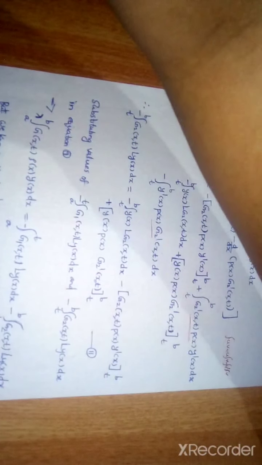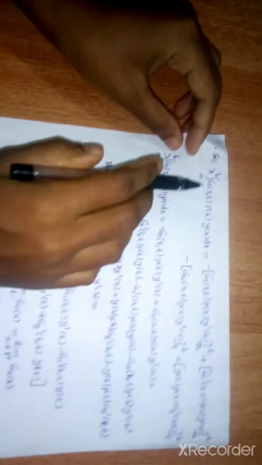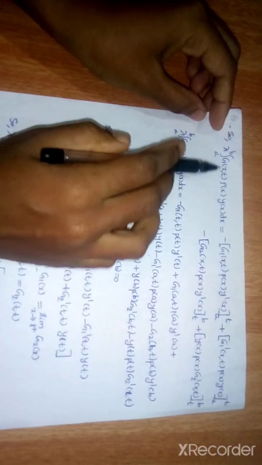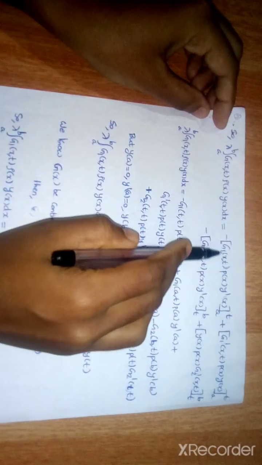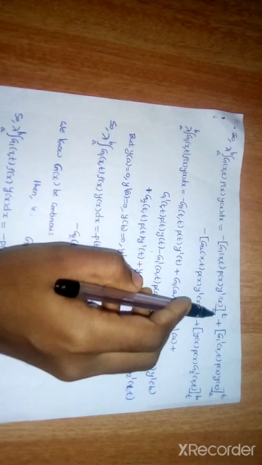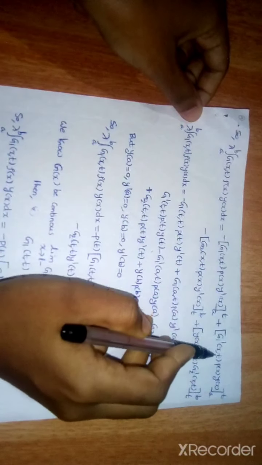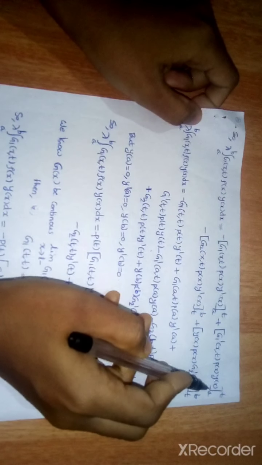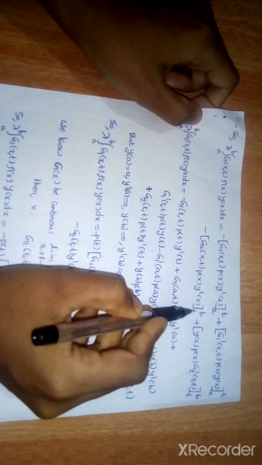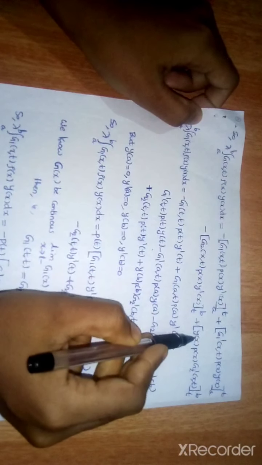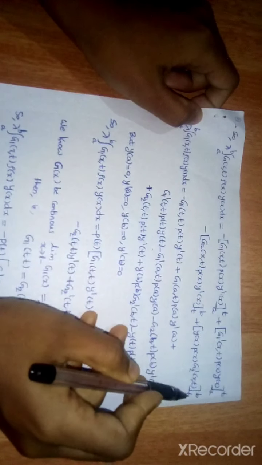But we know L g1 of xt equal to 0 and L g2 of xt equal to 0. Then it becomes lambda integral a to b g of xt rho of x y of x ds equal to minus g1 of xt p of x y dash of x in the interval a to t plus g1 dash of xt p of x y of x in the interval a to t minus g2 of xt p of x y dash of x in the integral limit t to b plus p of x y of x g2 dash of xt in the limit t to b.